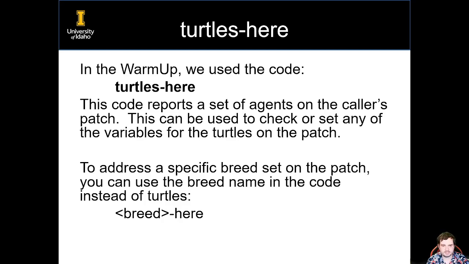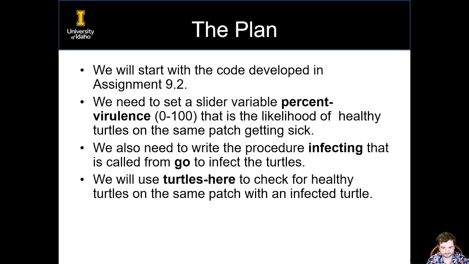What this does is report who all is on the caller's patch. You can think of it as a roll call in a classroom. They're in the class and they say, okay, who all is here? And they get a report of everyone who is here. You can also do this with breeds. We'll talk about breeds a little bit later, but do know that you can use different breeds, and that'll be a keyword that you can cue on later.